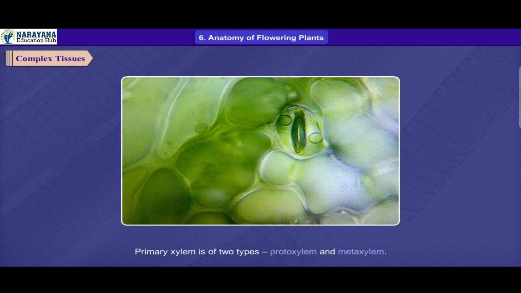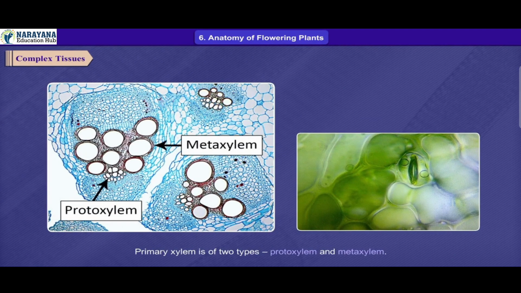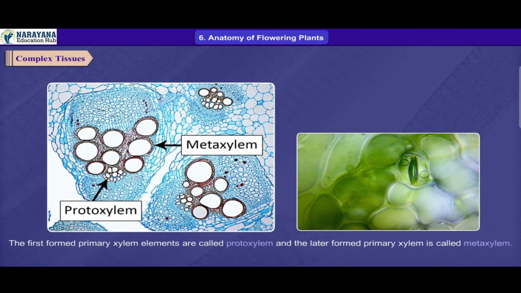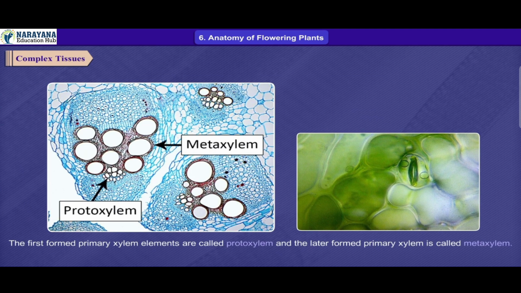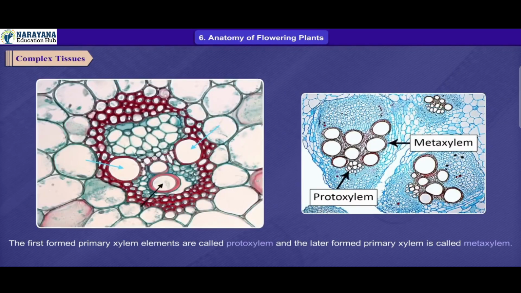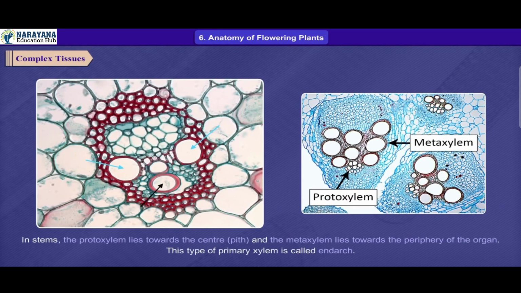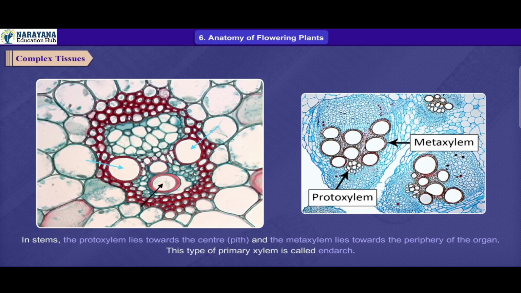Primary xylem is of two types, protoxylem and metaxylem. The first formed primary xylem elements are called protoxylem, and the later formed primary xylem is called metaxylem. In stems, the protoxylem lies towards the center, that is, the pith, and the metaxylem lies towards the periphery of the organ.